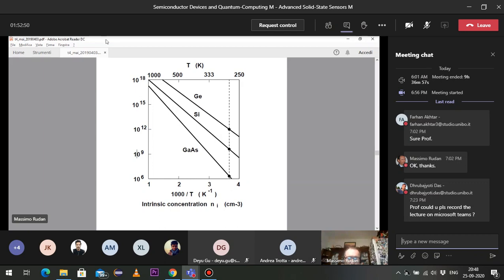But if you go to 1000 Kelvin, you go up to 10 to the 18th. So the intrinsic concentration becomes much, much larger at large temperatures. And as we anticipated, it increases with increasing temperature.